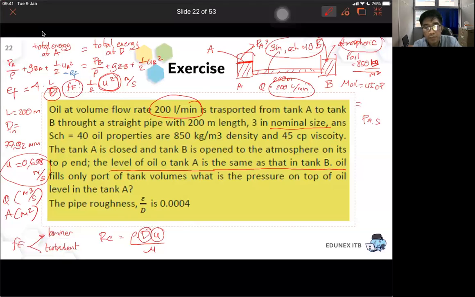So 45 centipoise will be 0.045. Please calculate how much is the Reynolds number, using the inside diameter, but please convert everything into standard units.